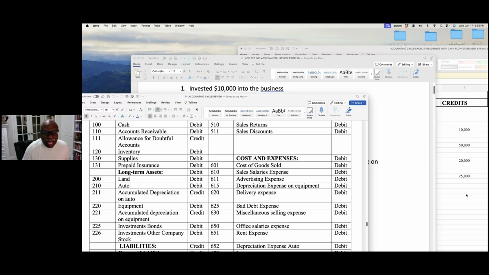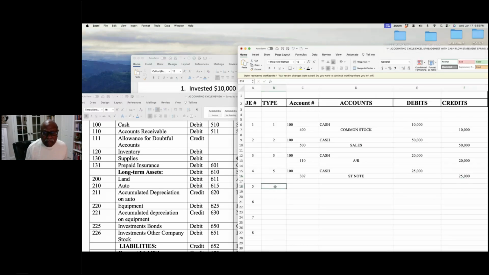Okay, so our type is 7. Different from the other, we're going to debit supplies, and we're going to credit cash because cash went out. The account number for supplies is 130. And the account number for cash is 100. Now it's $1,000.